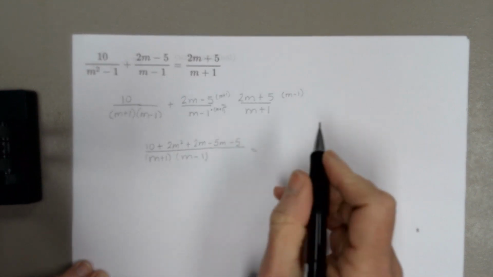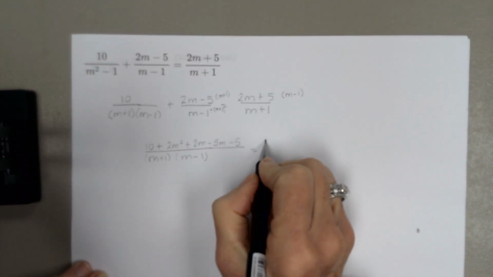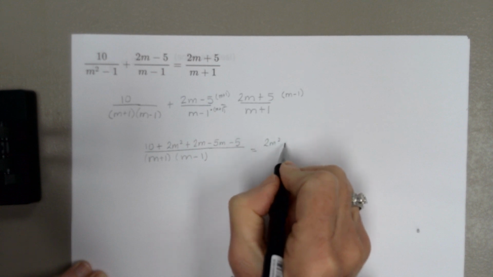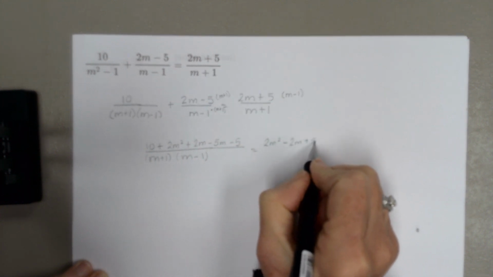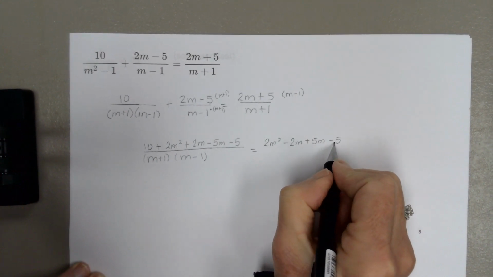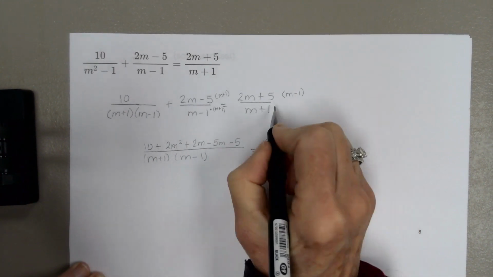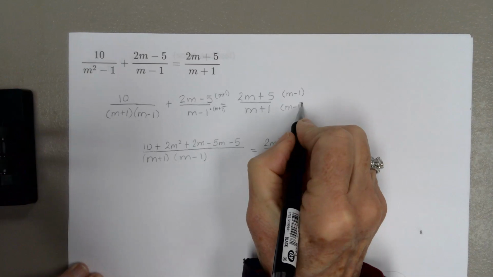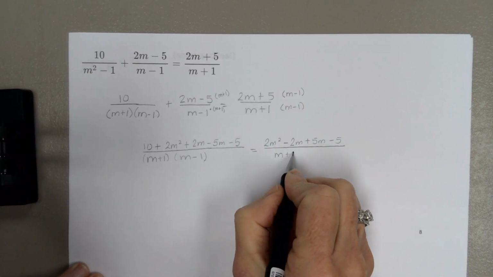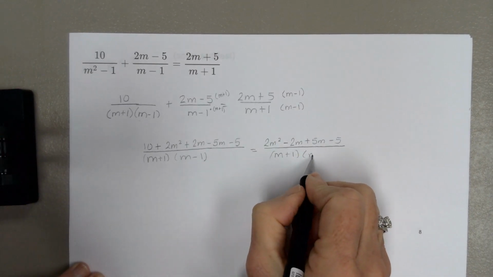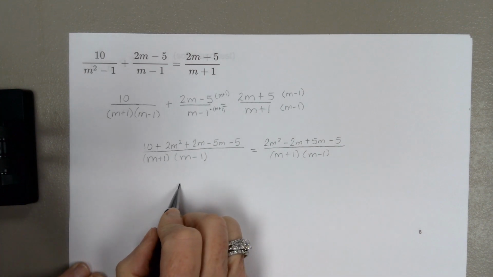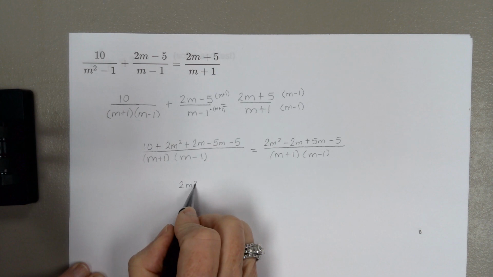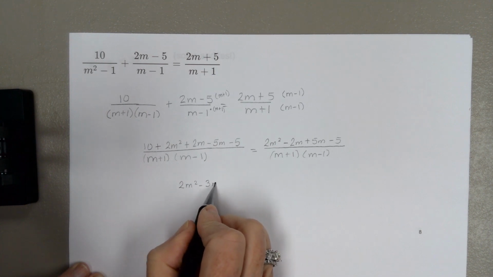On this side, I will also have to do FOIL. So I have a 2m squared minus a 2m plus a 5m minus a 5. And that's going to be over top of m plus 1 times m minus 1. So I'm going to combine like terms. Here on the top, I have a 2m squared minus a 3m.